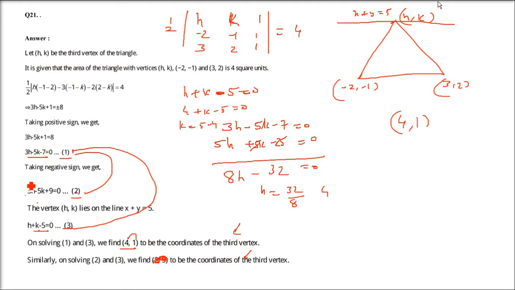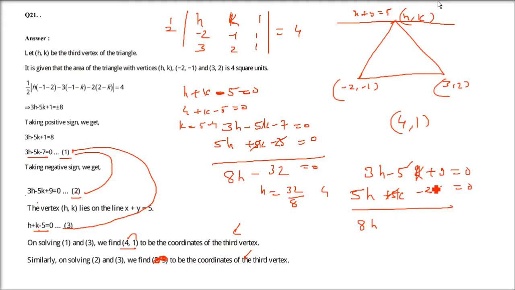When we solve the other one, we are going to take the other one now. So the second one I am taking. 3h minus 5k plus 9 equals 0. And you have h plus k minus 5 equals 0. So I am going to solve these two. So multiply the second equation by 5. So you have 5h plus 5k minus 25.